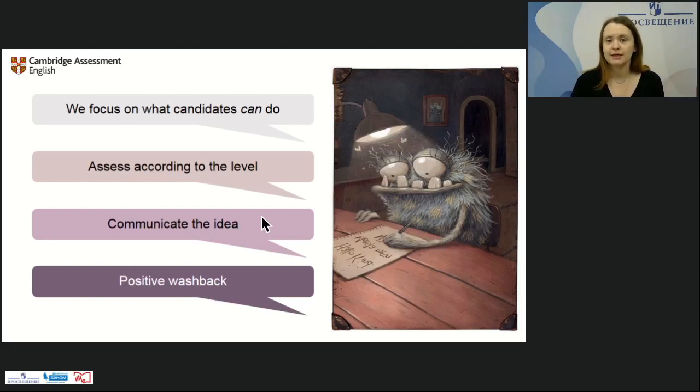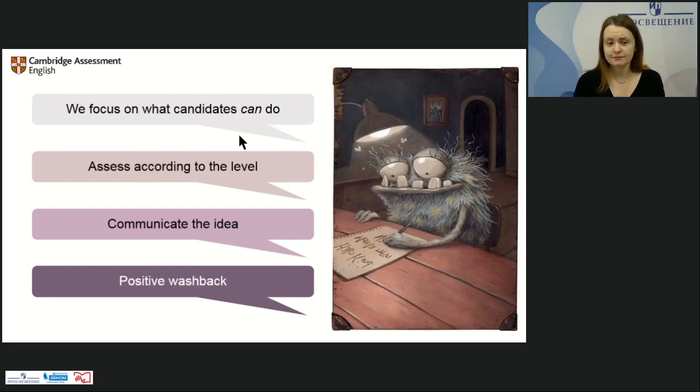It's more about communicating the idea and communicating the message. So, of course, we can't say that we should completely forget about grammar, about correct spelling, correct discourse features of some writing or speaking. But again, we should shift the focus from mistakes to what they have done, to their success.